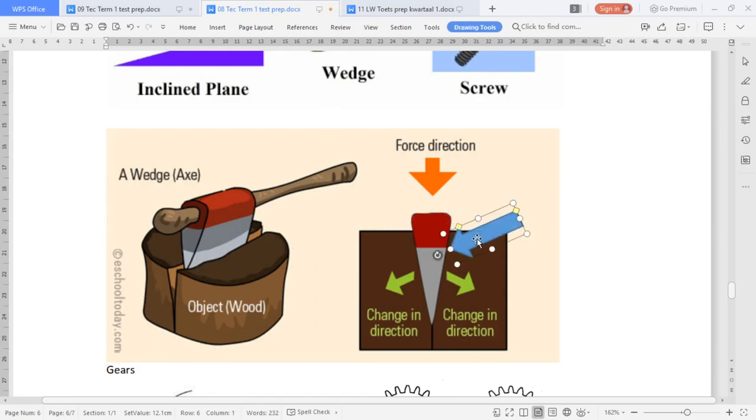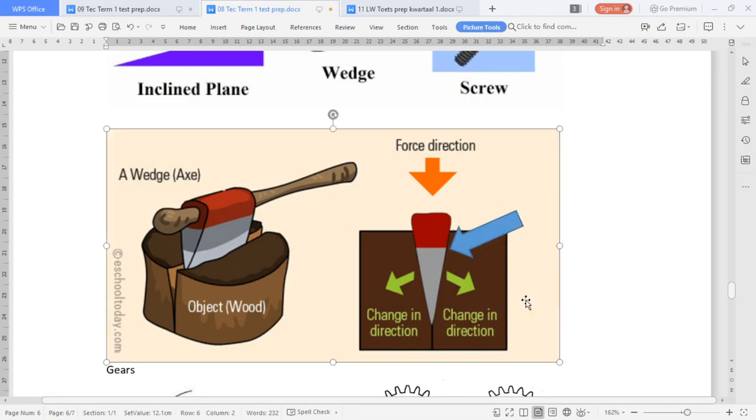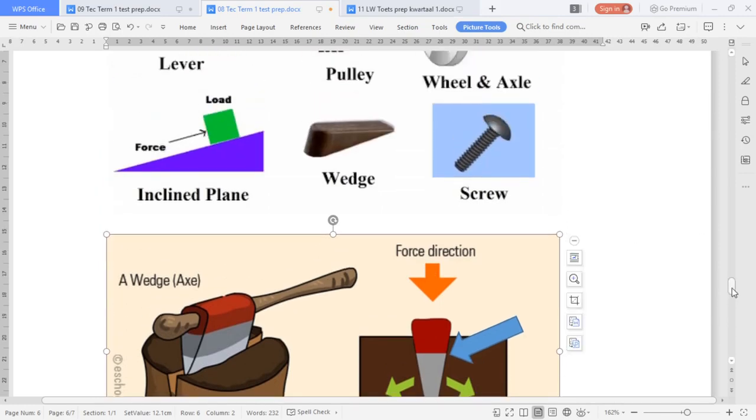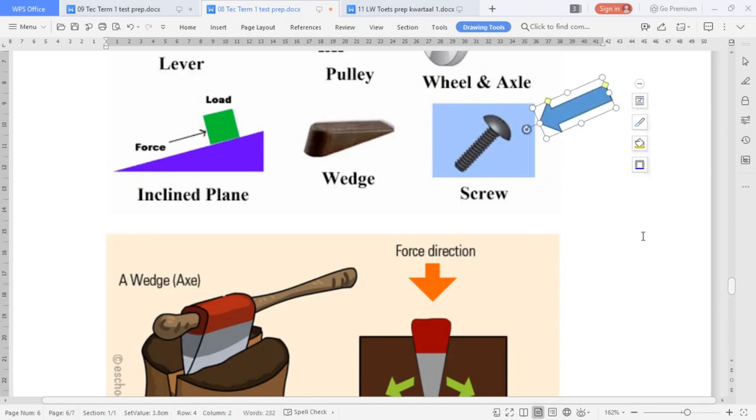So there's a change in direction, a change in the wood, and movement of the wedge. That's the difference between a wedge and an inclined plane. And we've also got a screw here, which is also a type of mechanism to hold things together.